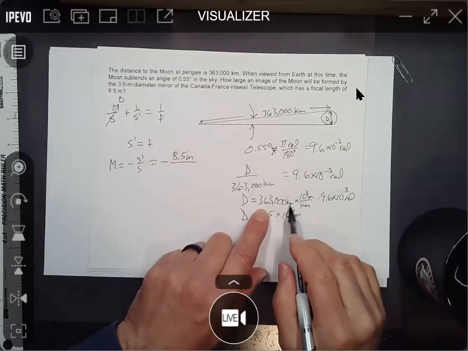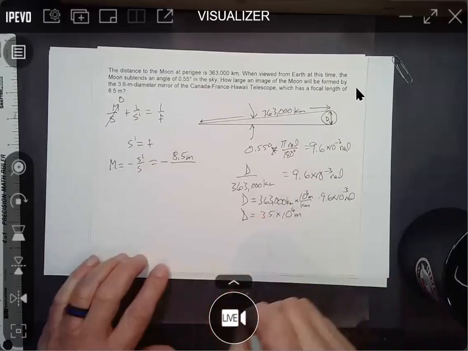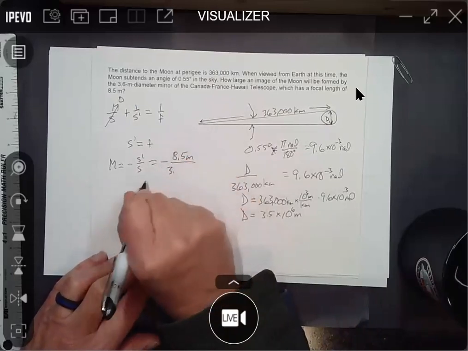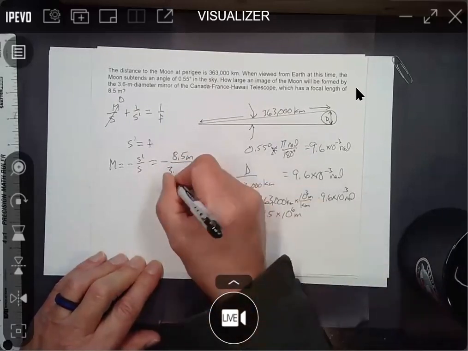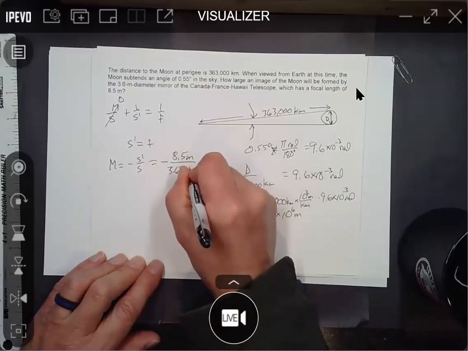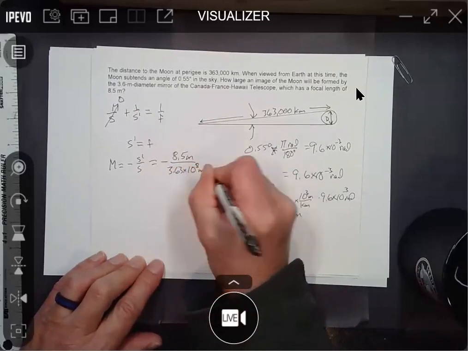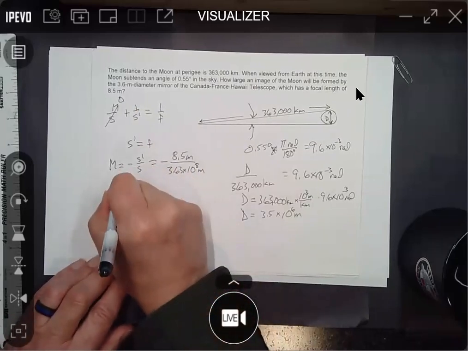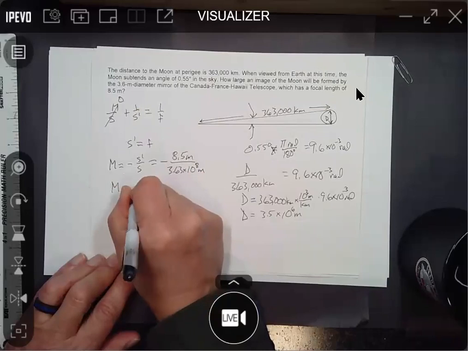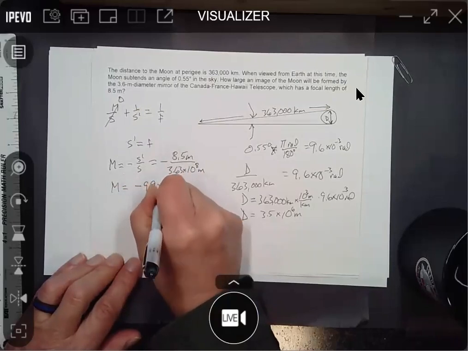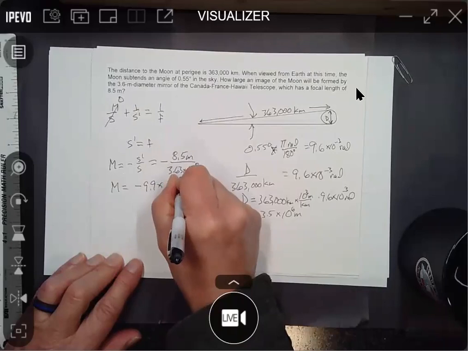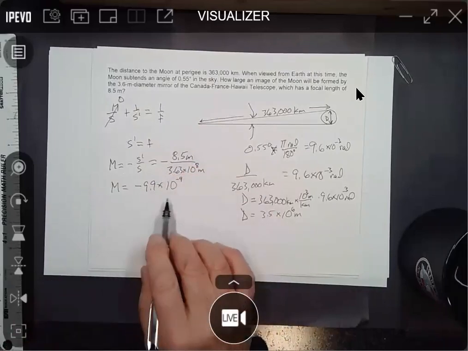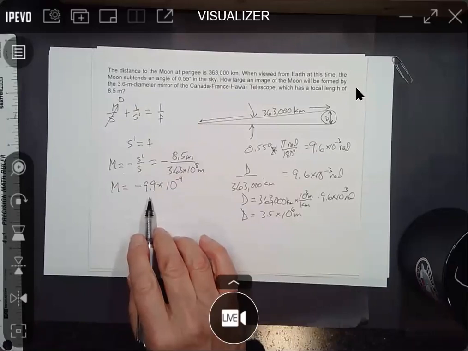It's 3.63 times 10 to the 1, 2, 3, 4, 5, 6, 7, 8 meters. So it's going to be a pretty small magnification. You plug in the numbers on that, minus 9.9 times 10 to the minus 9th. That's like 10 billionths of the size.